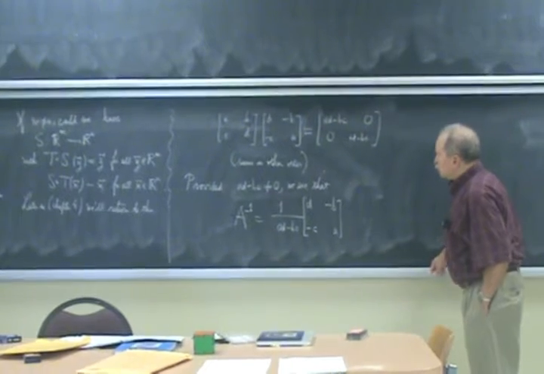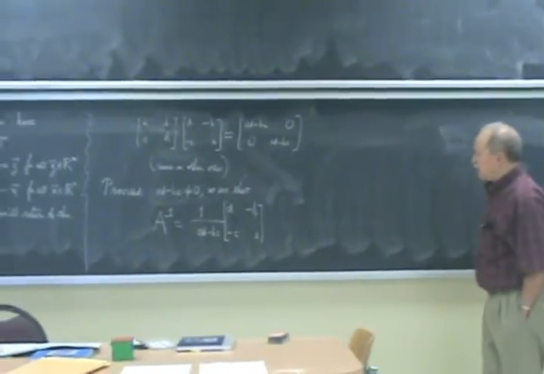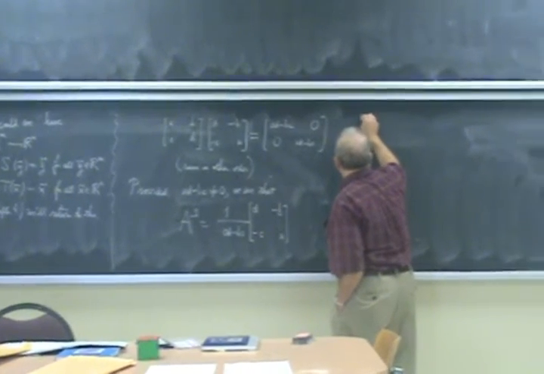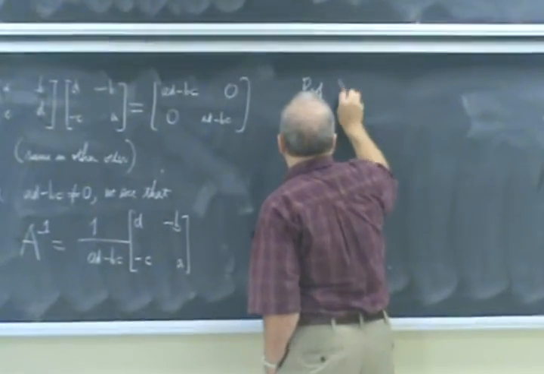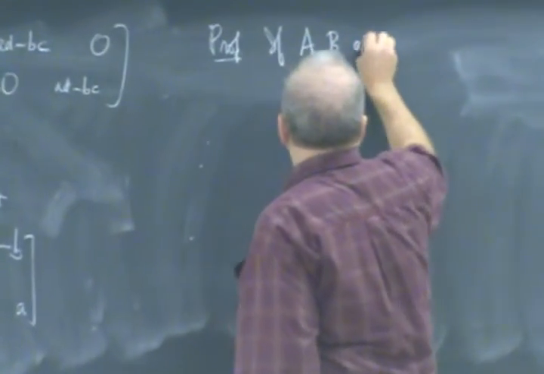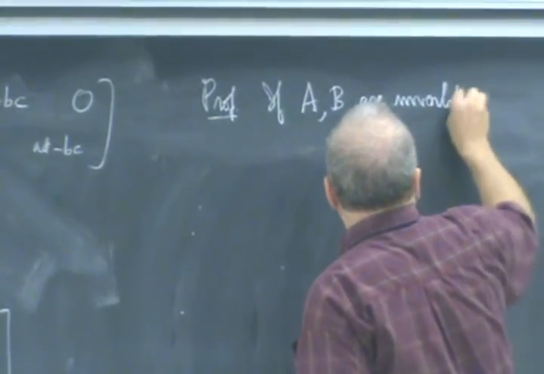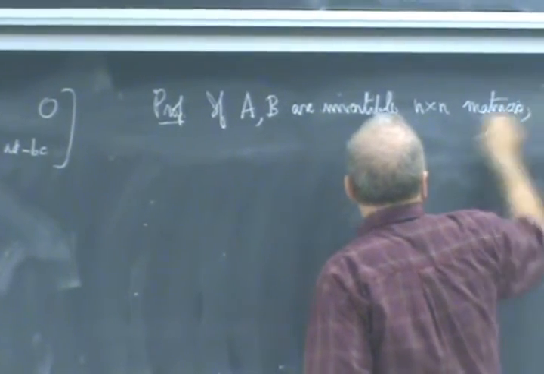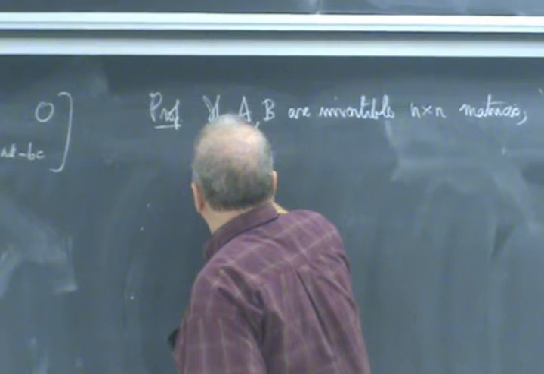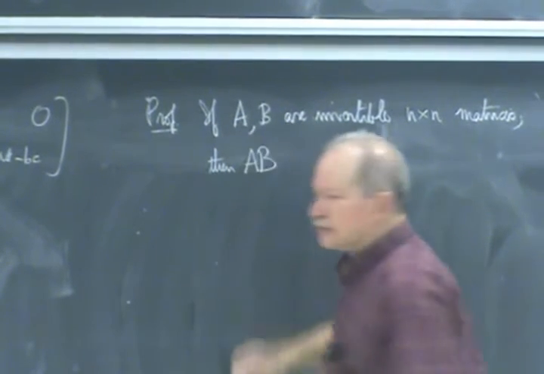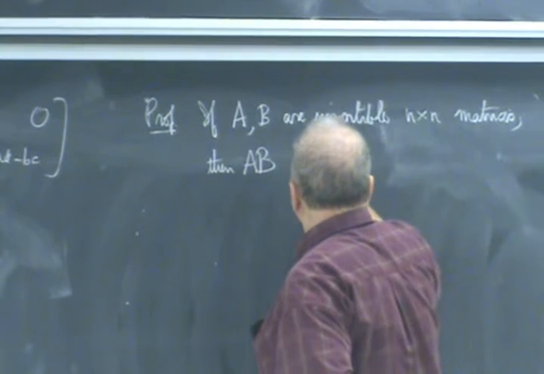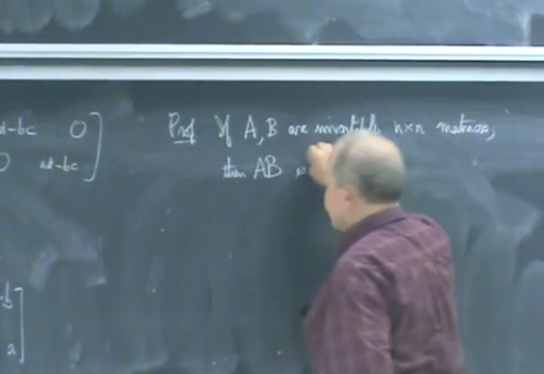So I want to do two things as applications of inverses. First thing I want to comment on: if A and B are both invertible n by n matrices, what do you think is true about their product? Also invertible? How can I prove such a thing?